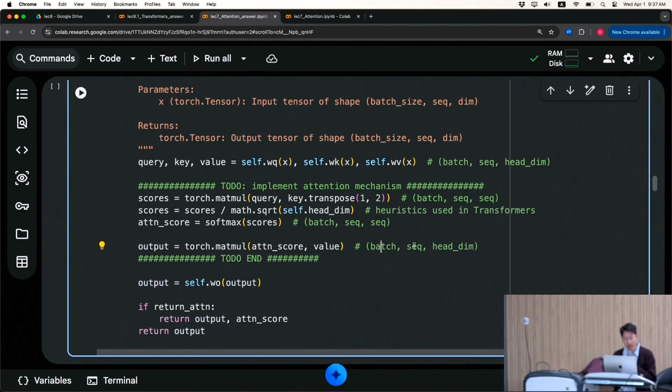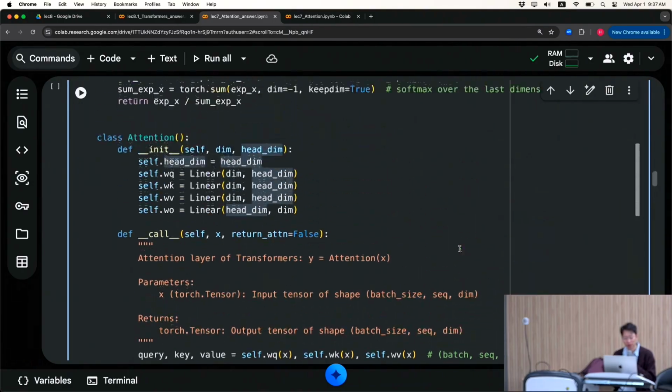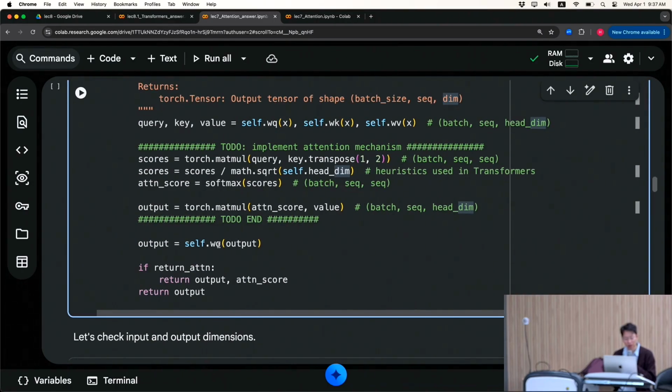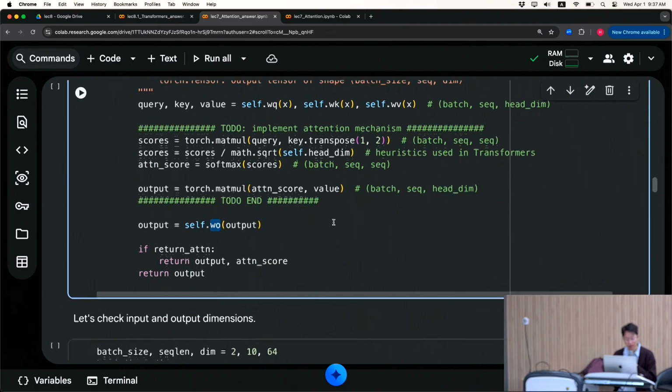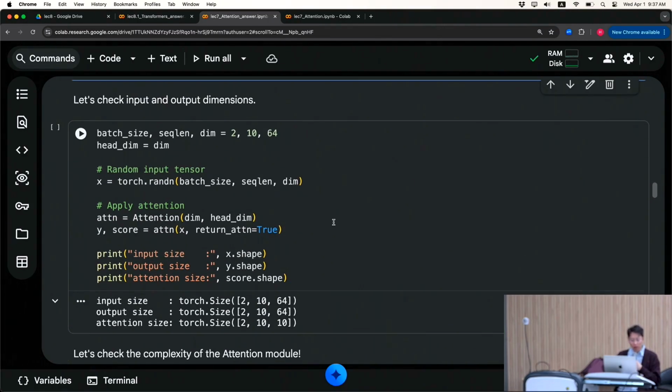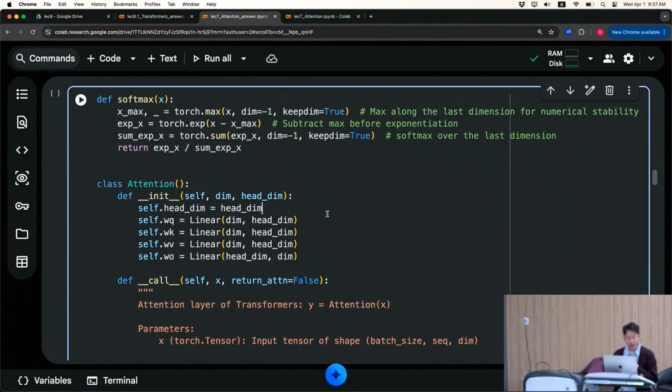This is still batch size by sequence by head dimension. We need to down project them to the original dimension, which was just dim. So it gets multiplied with the down projecting matrix W out. And that's the result. So we did this together last time, right?